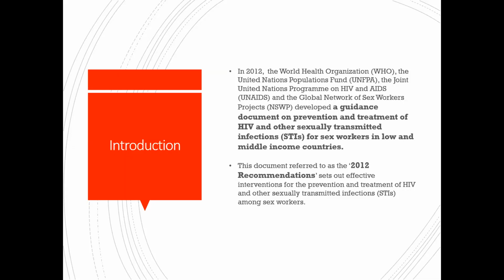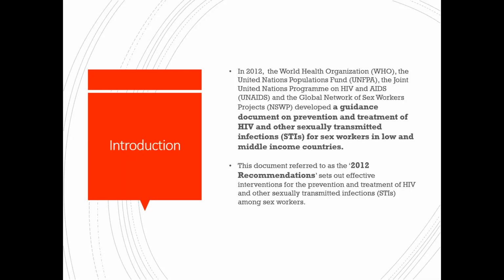So in 2012, the World Health Organization, the United Nations Population Fund, the Joint United Nations Programme, and the Global Network of Sex Workers developed a guidance document on prevention and treatment of HIV and other sexually transmitted infections for sex workers in low and middle income countries.